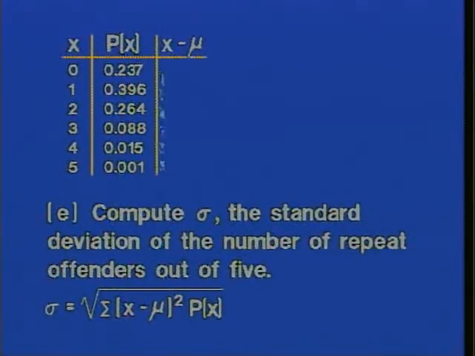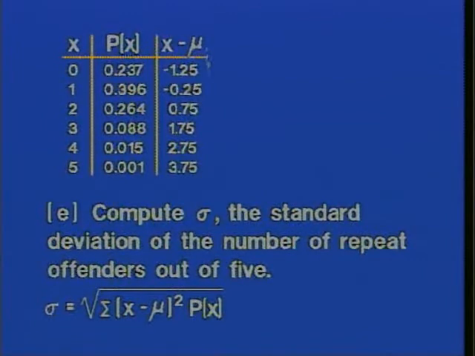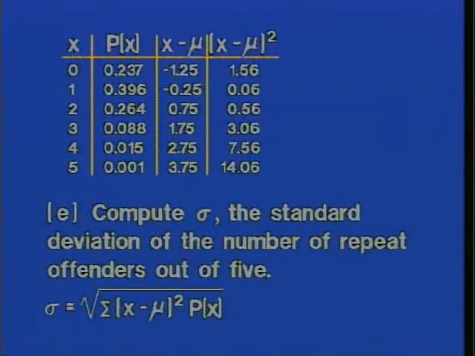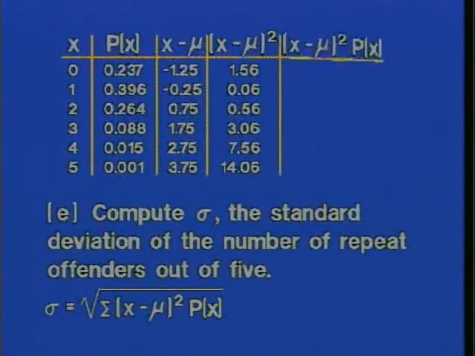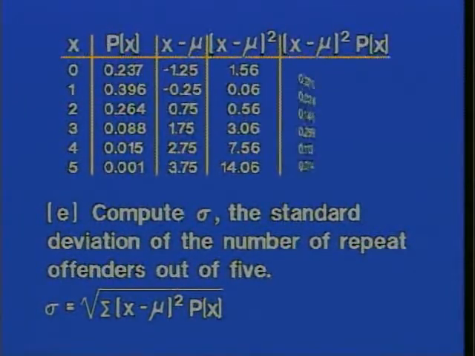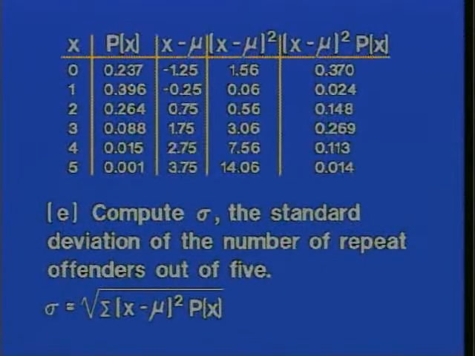Now remember, mu is 1.25, so that top value of negative 1.25 is found from thinking about 0 minus 1.25. So we get negative 1.25, and so on down the line. Then we want to square these values for this column, and then multiply each of these values times the probability associated with them to get the values in this column.